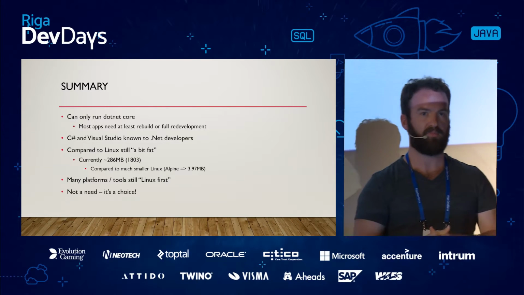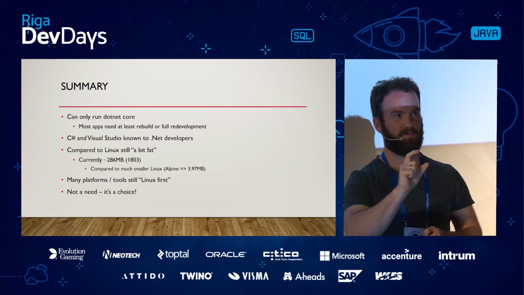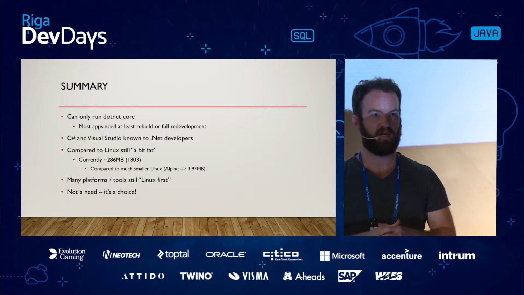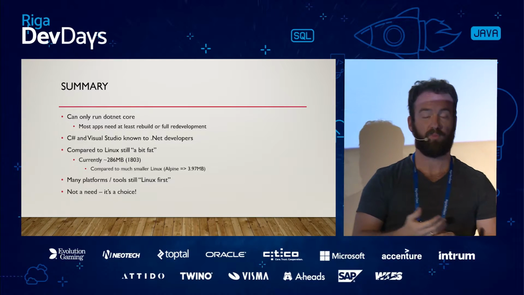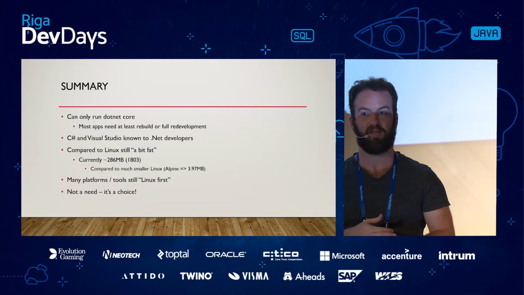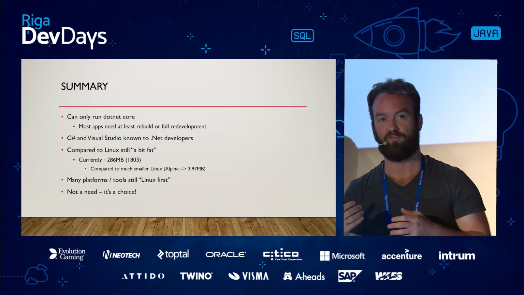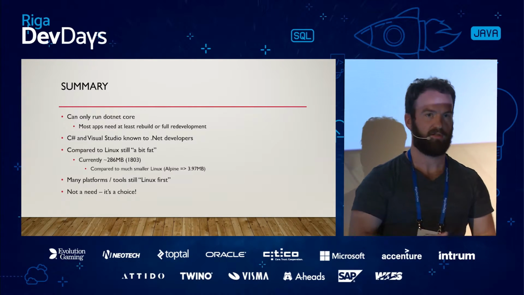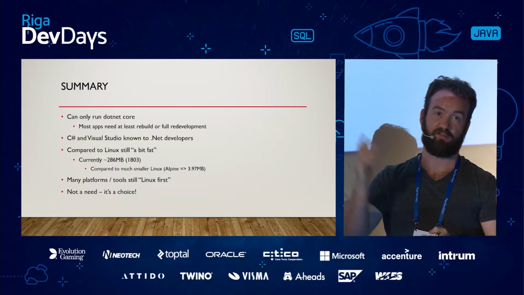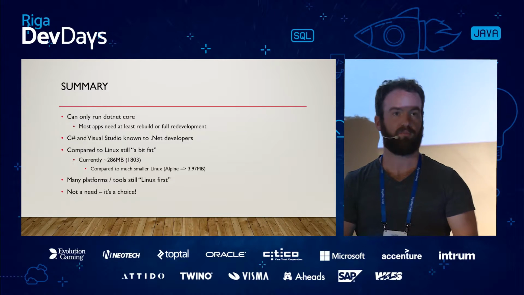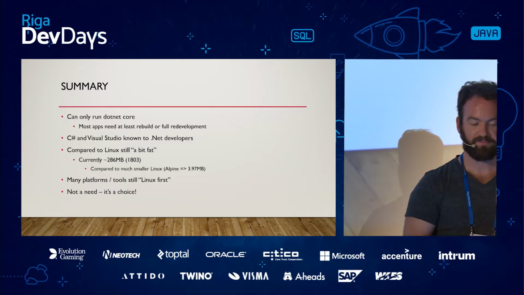And even though with some applications you just go into Visual Studio and recompile it in .NET Core, and they work, with most applications that's just not going to be the case, because you rely on third-party libraries, or you use something that just doesn't exist in .NET Core. So you might need to actually go and redevelop your application, which is obviously not a quick thing to do.